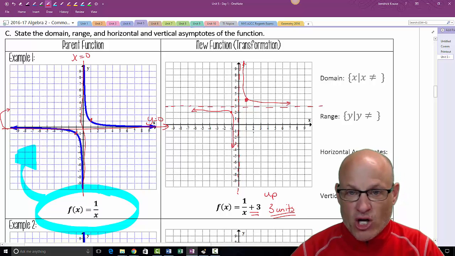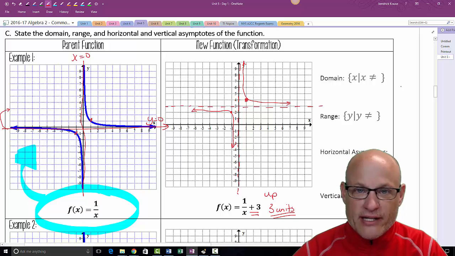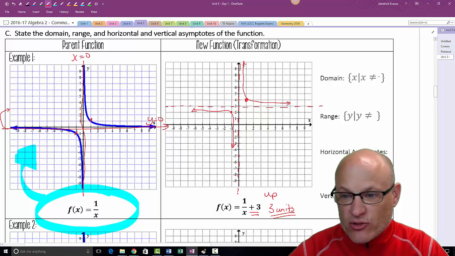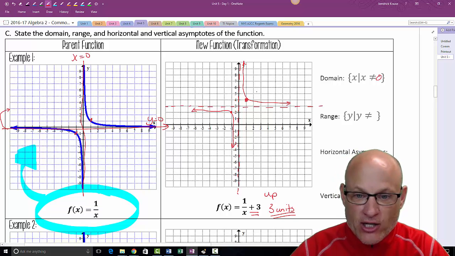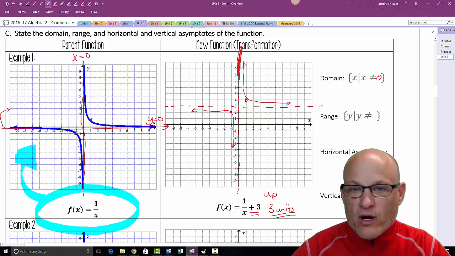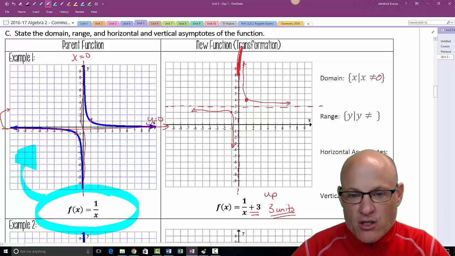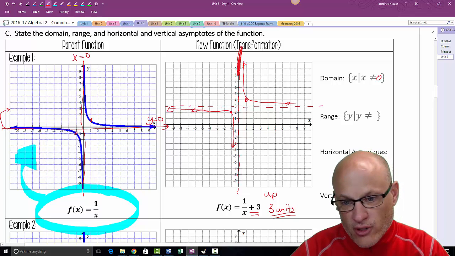All right, so let's talk about the domain. Left and right, what can't x equal? Well, x can't equal 0. Because still, I can go forever and ever to the right, forever and ever to the left, but I still can't hit here where x equals 0. Now, what can't y equal? Well, this one's gotten changed, right? So y gets closer and closer to 3, but it can't touch 3.